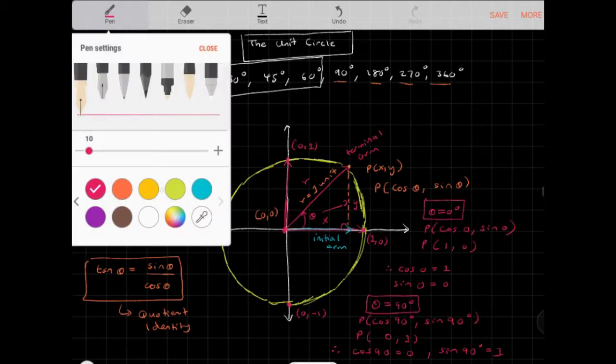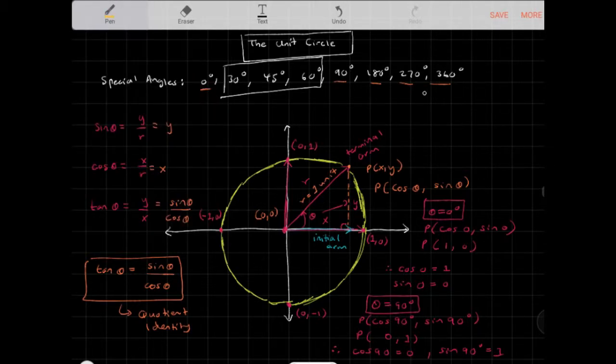Okay, let's take a look at another example here. Let's say that theta is equal to 180 degrees. Our terminal arm this time would be rotated all the way here, counterclockwise. It would end up there, right? And in this case, the point would be cosine 180, sine 180, and it would be equivalent to negative 1 and 0.